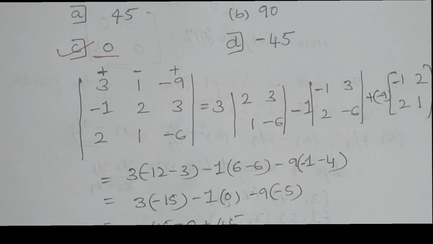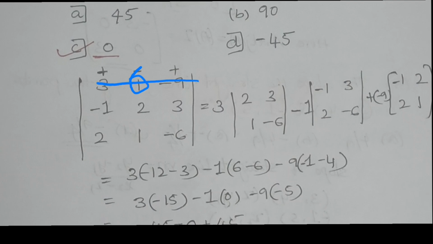So next, write the first element as it is and eliminate its row and column. Same 3 you write down: 2, 3, 2, 3 and 1, minus 6, that you have to write. Next, minus 1, you have to consider this minus 1.